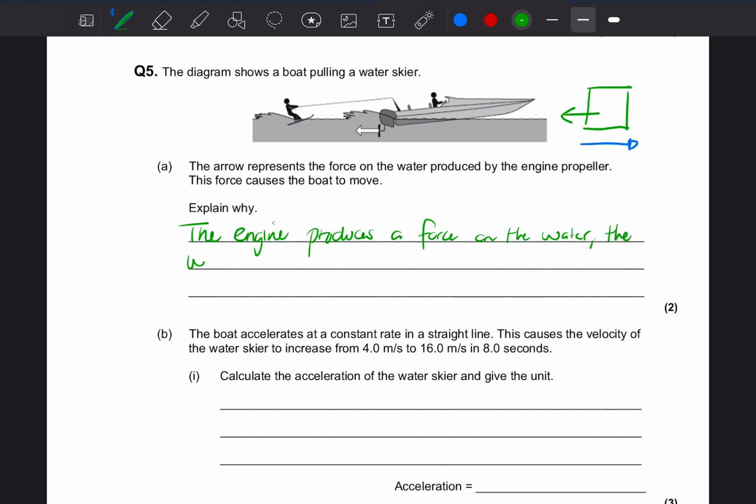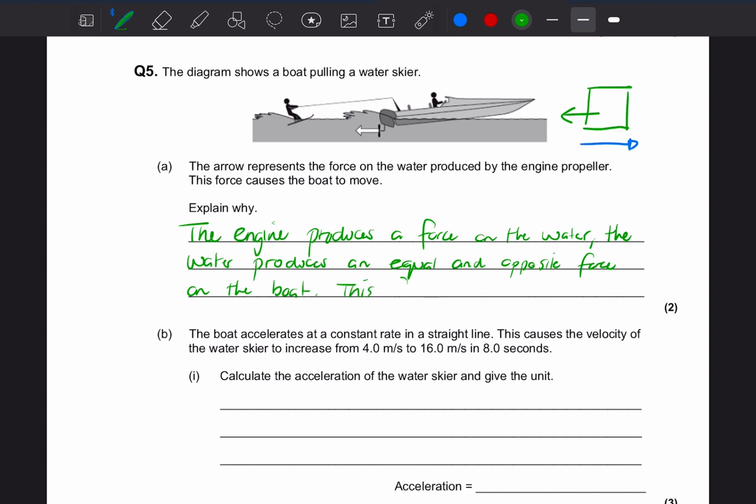The water produces an equal and opposite force on the boat. Now, the engine force was backwards, so the force that the water is acting on the boat is going to be in the opposite direction, it's going to be forward. So the engine produces a force on the water, and the water produces an equal and opposite force on the boat.